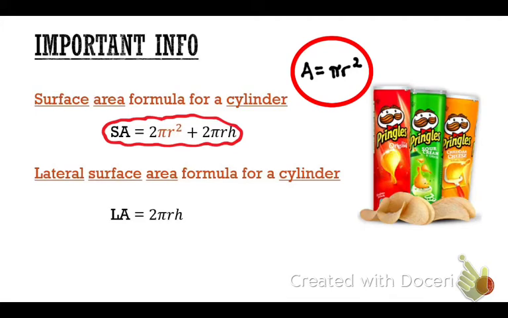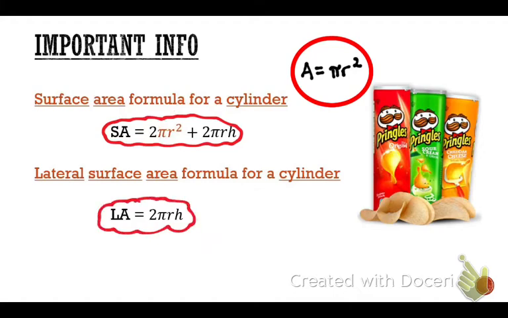The lateral surface area of a cylinder, as you're looking at my can of Pringles right here, it's this red part around the outside. But it does not include the top or the bottom. So if you look, this one looks almost exactly like that, but it has taken out the top and the bottom part right there for our cylinder. So this is going to be if we're only finding the lateral area.